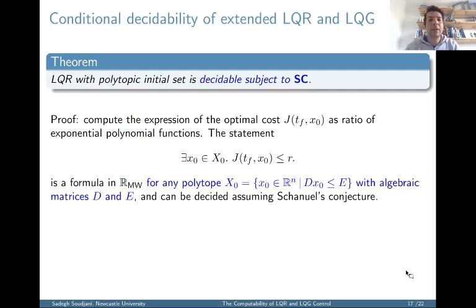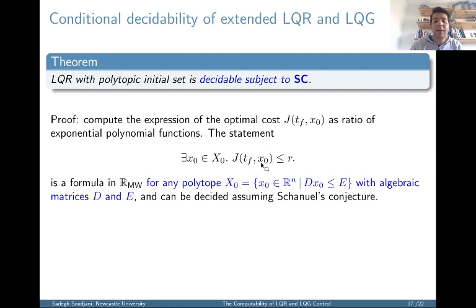Okay, let's see how we can use this to have conditional decidability of extended LQR and LQG. Suppose you have an LQR problem with a polytopic initial set. That problem is decidable subject to Schanuel's conjecture, and the proof is to write the characterization as a statement in that extended theory of reals. So we want to see if there is an x0 belonging to some region such that the cost is less than or equal to r.